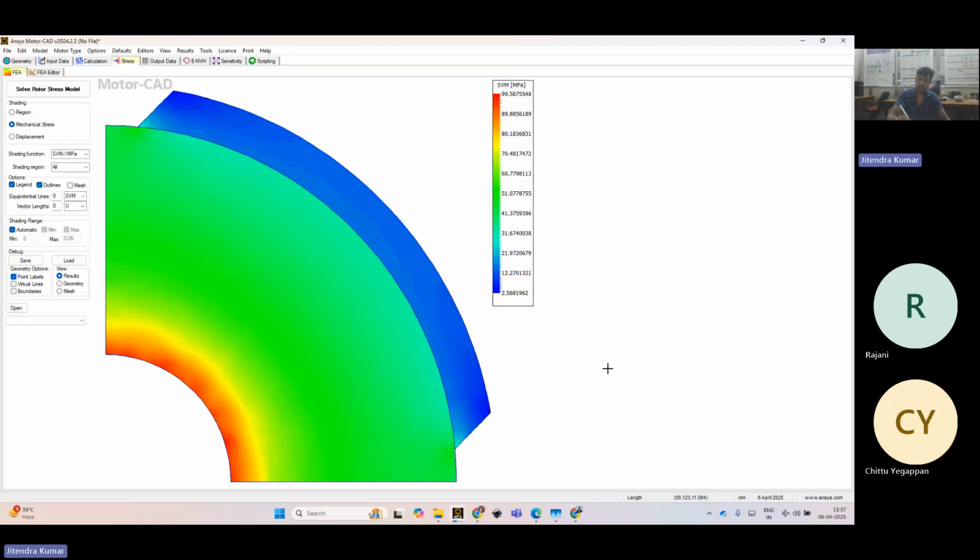So it is a challenge, but it could be done, like some open source softwares are also there, right? Like AFEMM, which I discussed in the last session. AFEMM is an open source software, though it is not very capable, but still you could do something with it. Another thing is that some softwares offer student-based access.